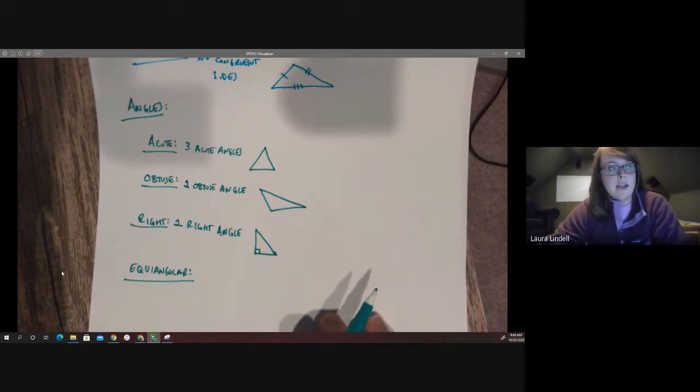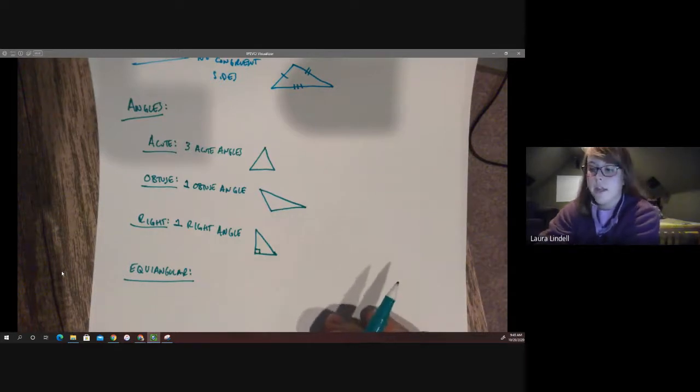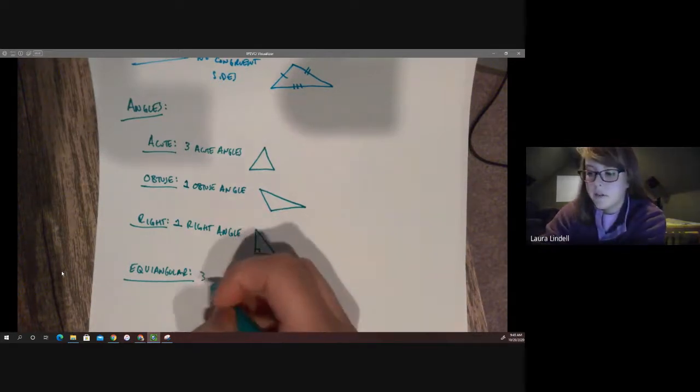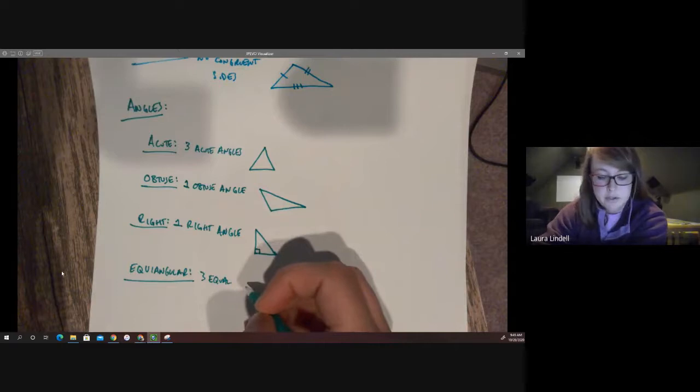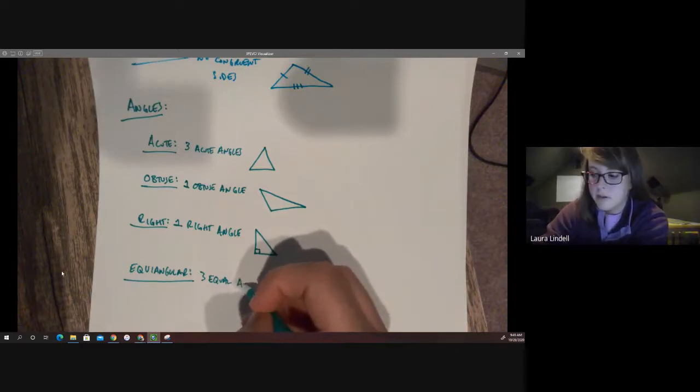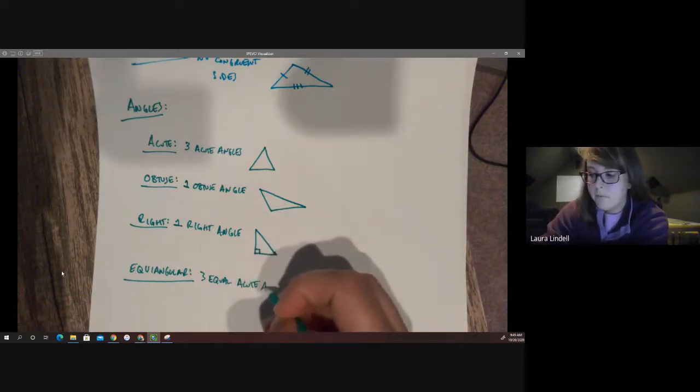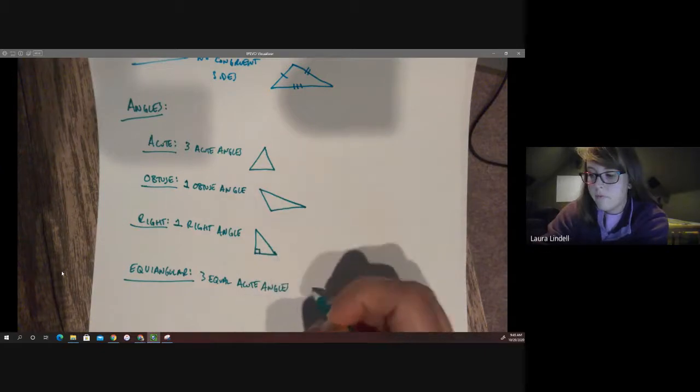All right, and then lastly we have equiangular, and an equiangular triangle is going to have three equal angles. And all of those angles will be acute, and we'll talk about exactly what those angles will be in just a moment. Three equal acute angles.